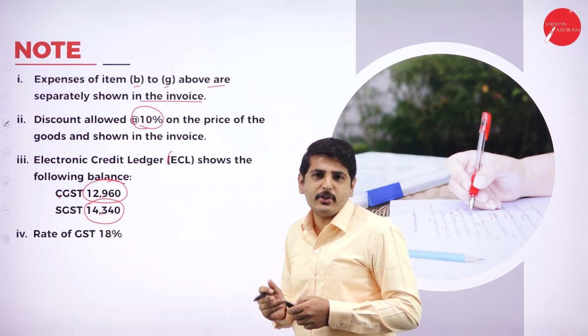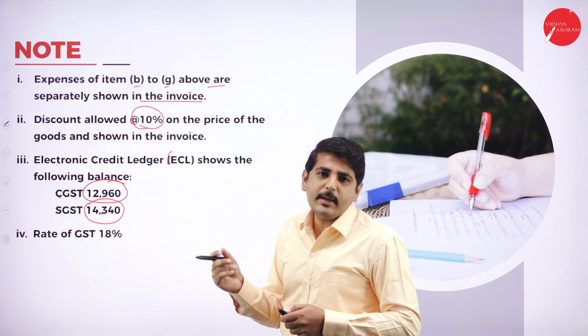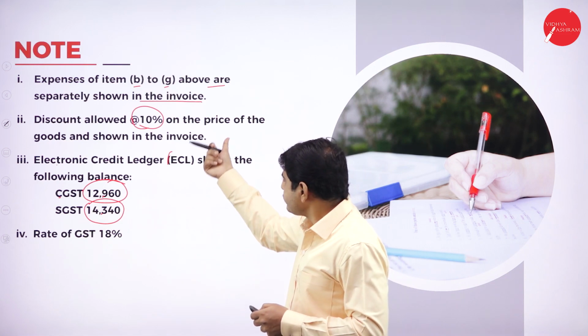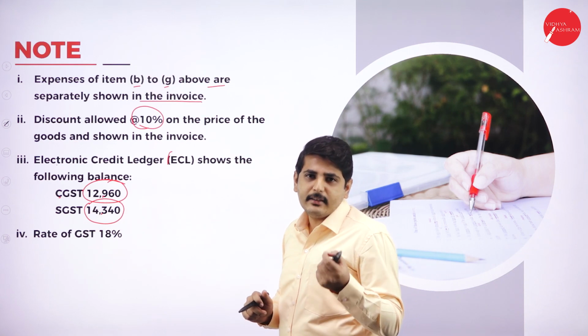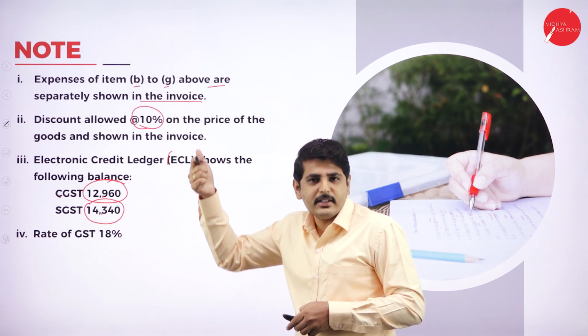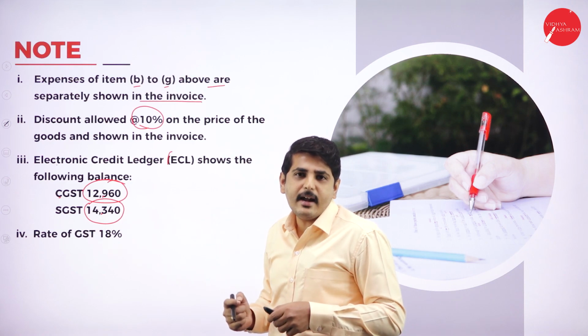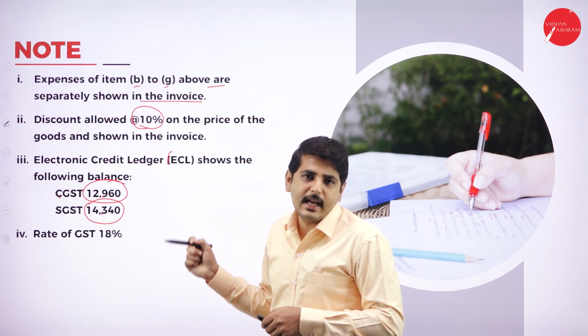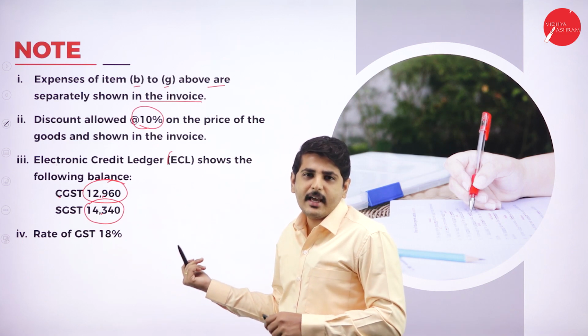Some points you have to keep in mind while adding and deducting: whether we should take the items or not. While calculating the total value of supply, if you get government grants and the like, you should neglect them. Check the format; we have given all the items. Only 2 or 3 items are there to neglect, and apart from that, we can add all the items.